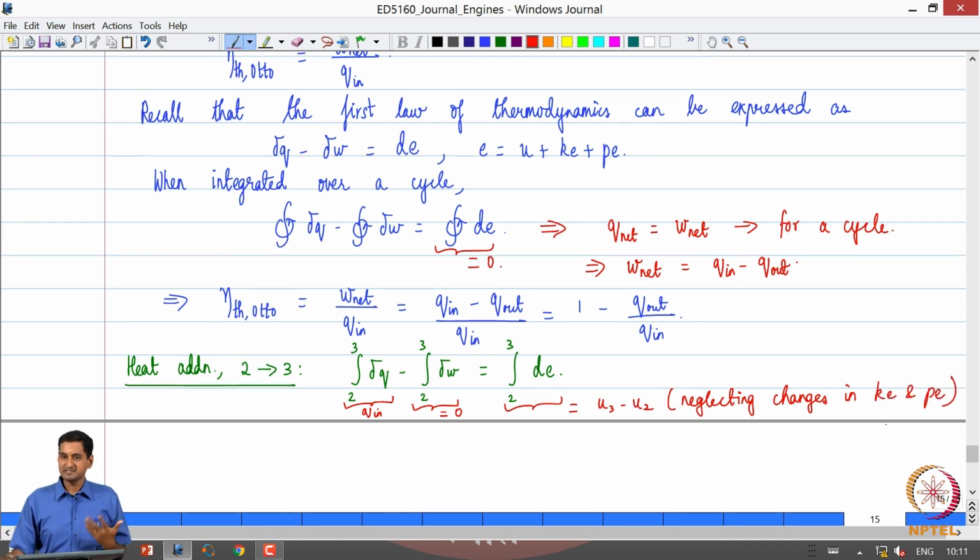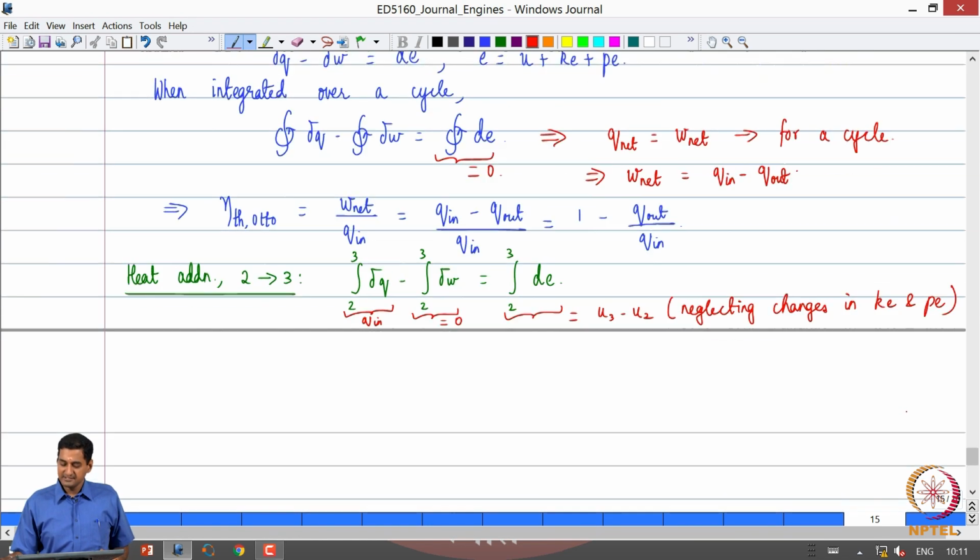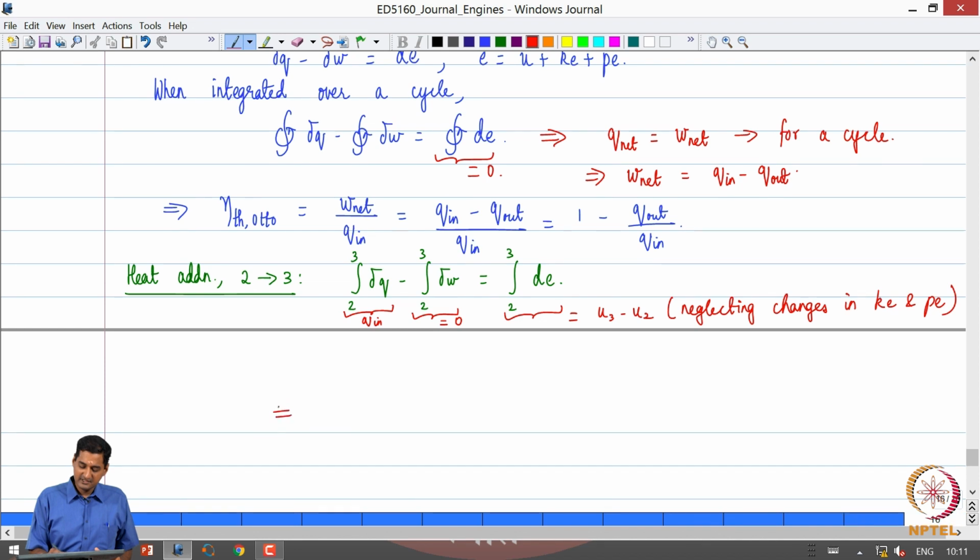So, considering the system and the process that it undergoes, I can neglect the changes in kinetic and potential energy. So, this implies that my heat input Q in is going to be equal to U3 minus U2, right. So, that is one.